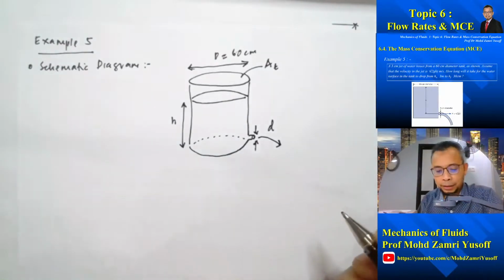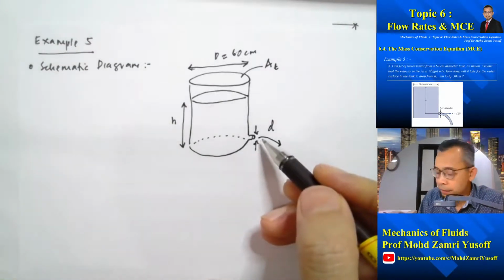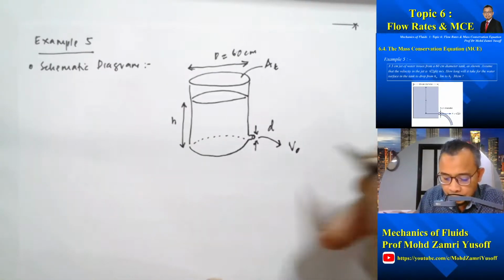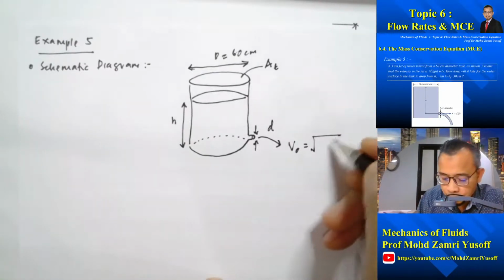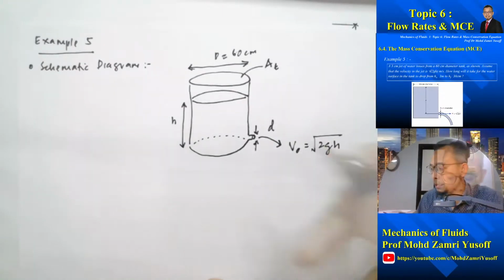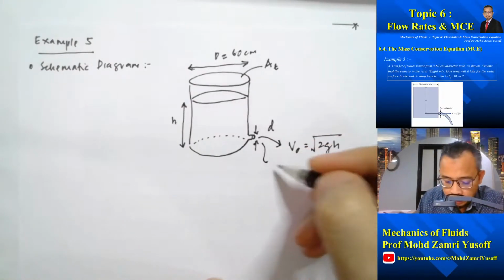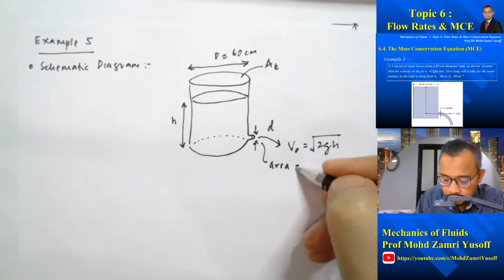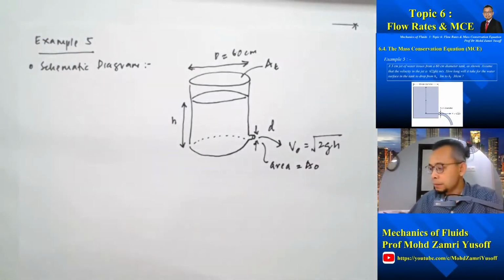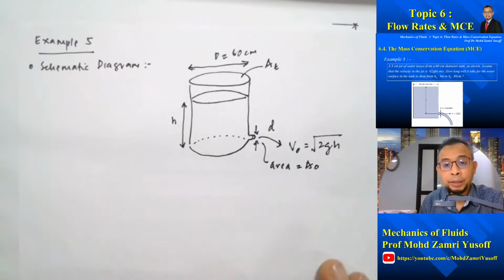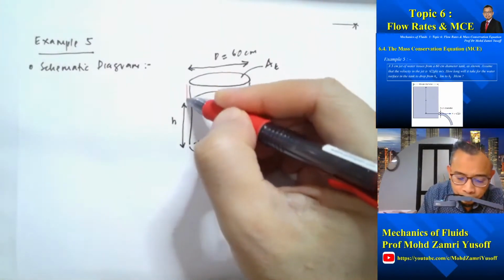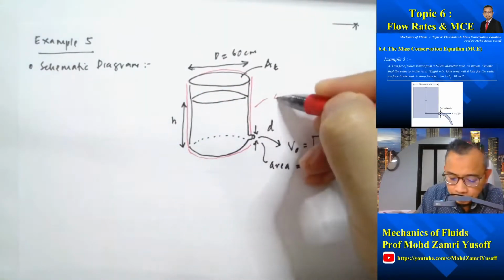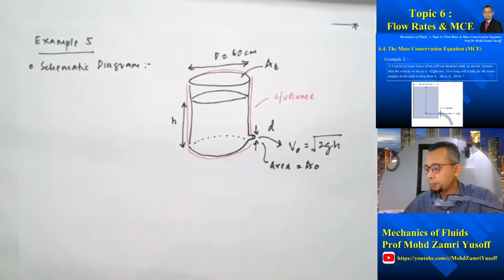The jet exits this hole at the bottom, and the velocity at the outlet is equal to root 2gh. Let's say the area of the hole is a naught. So first of all, let's determine our control volume. The whole of this is actually our control volume.